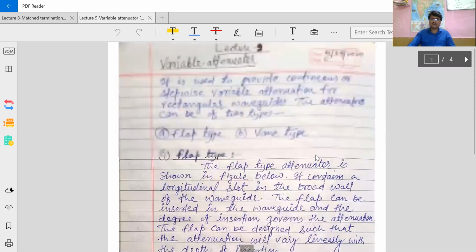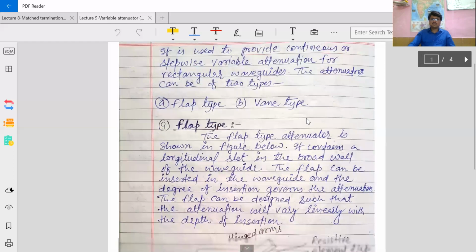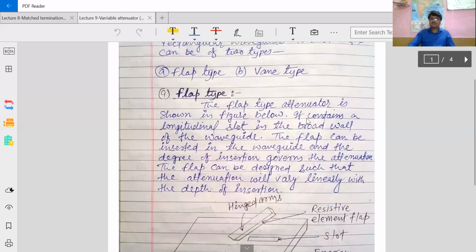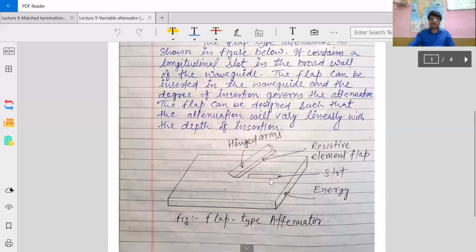As we defined, a variable attenuator is an attenuator which is used to provide continuous or stepwise variable attenuation for rectangular waveguides. So this is the example of a flap type variable attenuator.